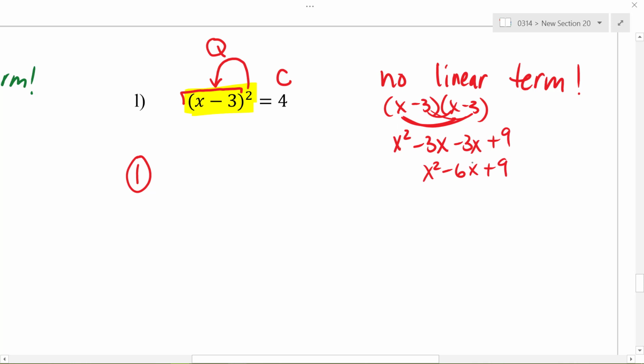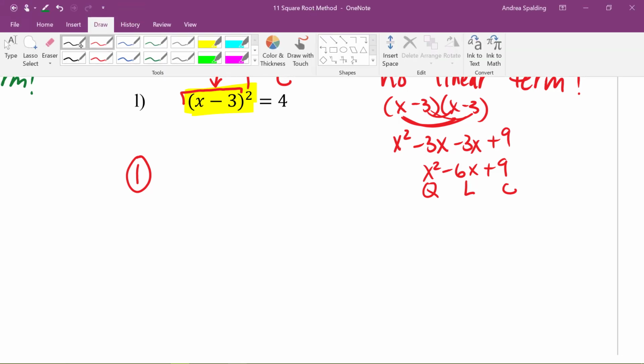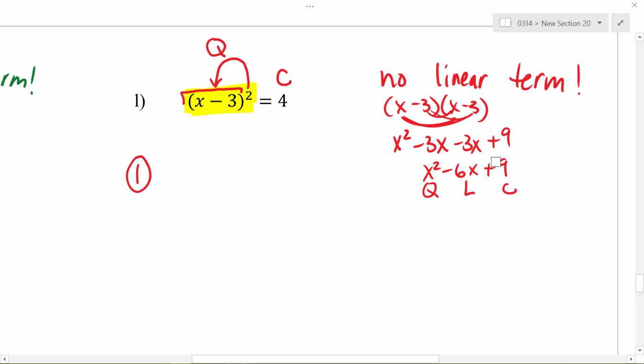You notice what you would introduce to the equation. Here's a quadratic term, here's a constant term, but then here's a linear term. And if we're solving using the square root method, we don't want to introduce a linear term to the problem. So we are not going to FOIL that out. And in fact, we're just going to follow the steps for solving using the square root method.